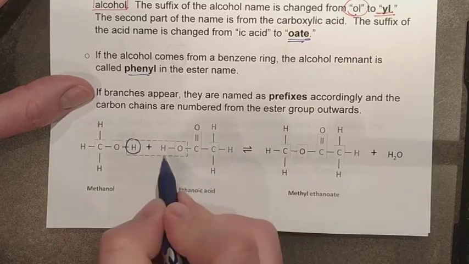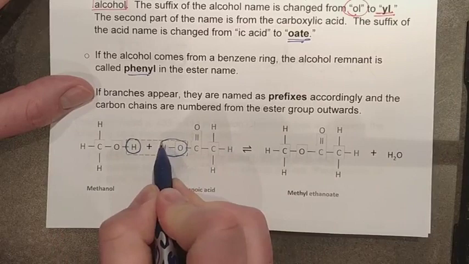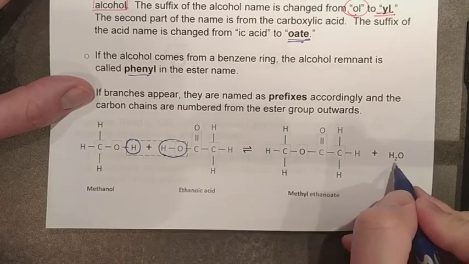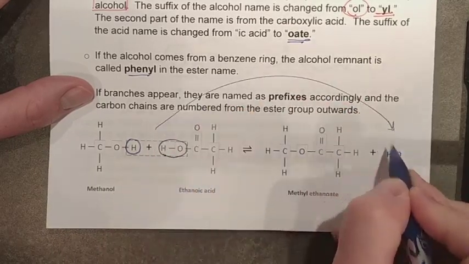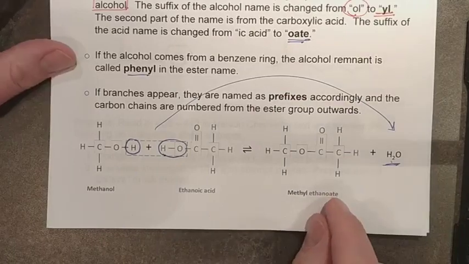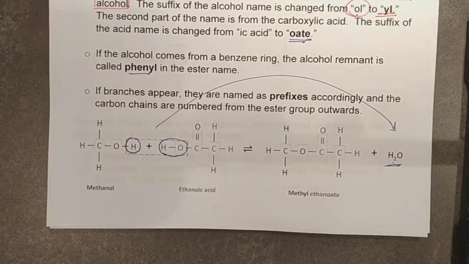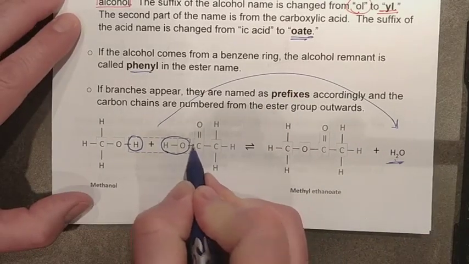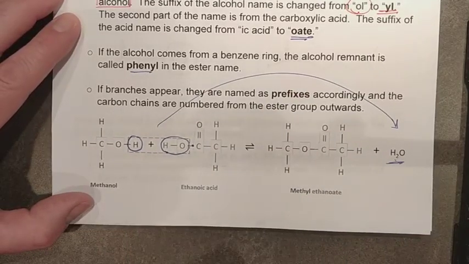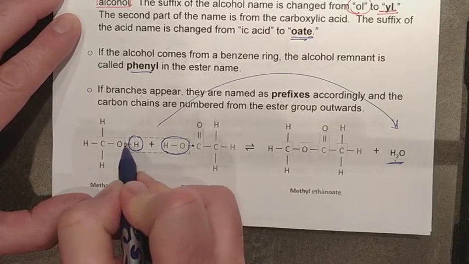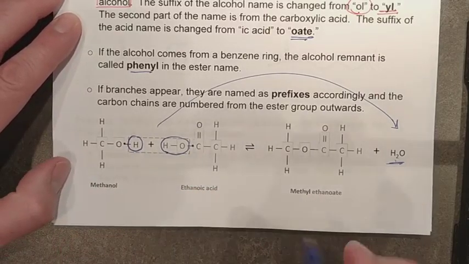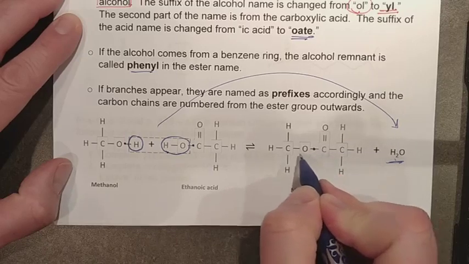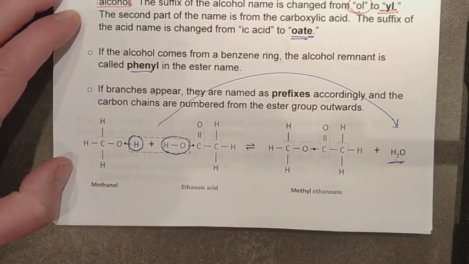For your ethanoic acid, it is the OH group that is going to be lost, and those two make the water that we see as the second product of an esterification reaction. Now you have a bonding site on your remaining carbon here, your terminal carbon in the carboxylic acid fragment, and you have a bonding site on the oxygen. So that's where the linkage is made.